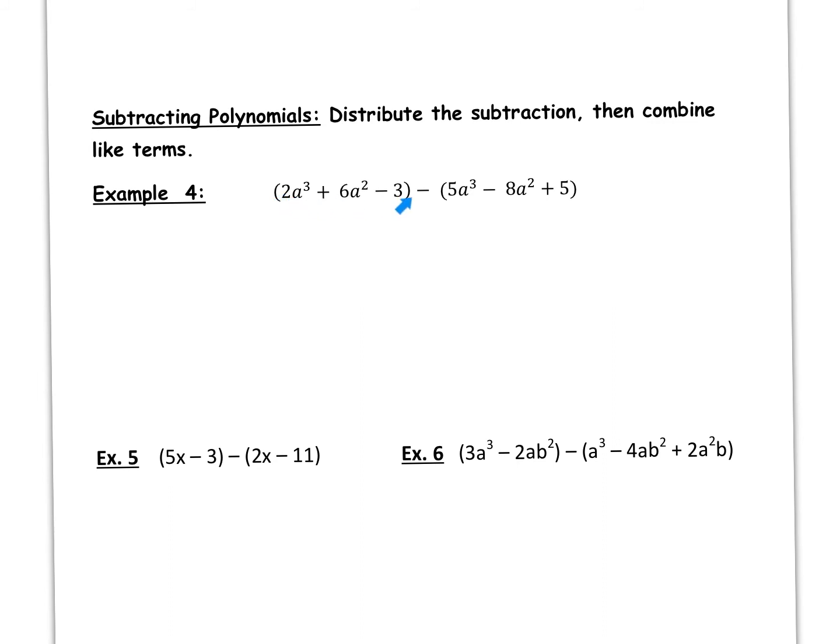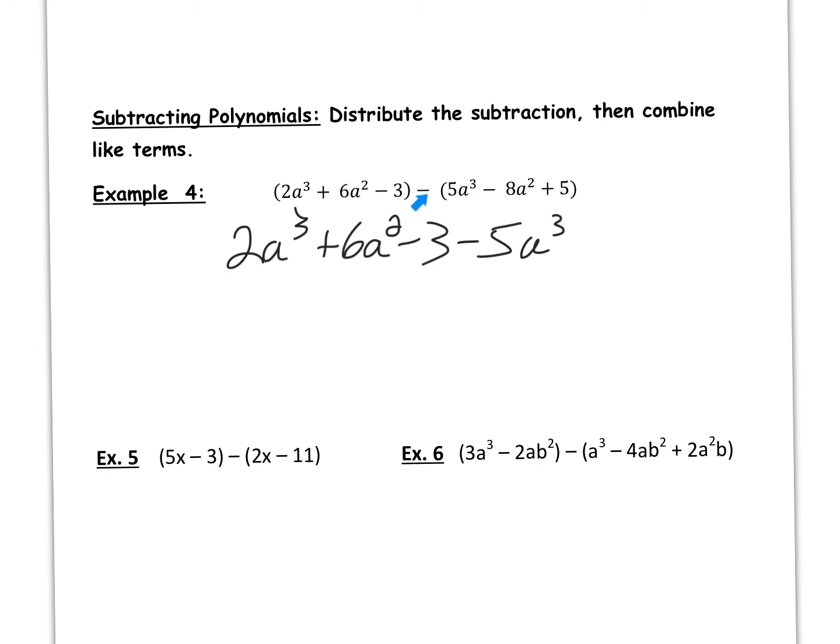We're going to write out these three that we have to begin with. So 2a to the third plus 6a squared minus 3. Now we have a minus 5a to the third. So we're going to write it just like we see it, minus 5a to the third.